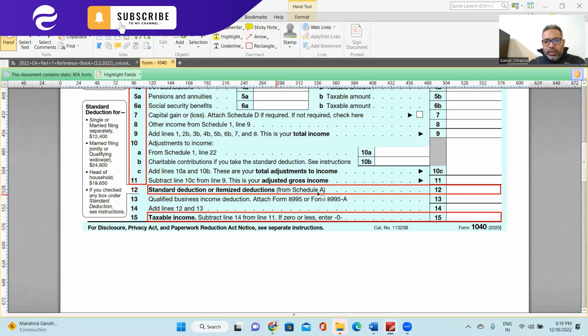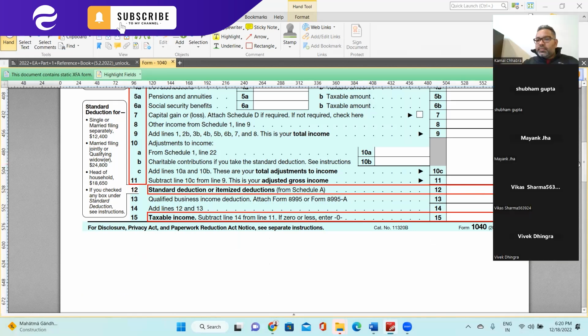Would you mention the foreign tax credit here in line number 12? Yes or no? Are you guys with me? Clear now. So, do we mention the foreign tax credit in itemized deduction, Schedule A? Yes or no?